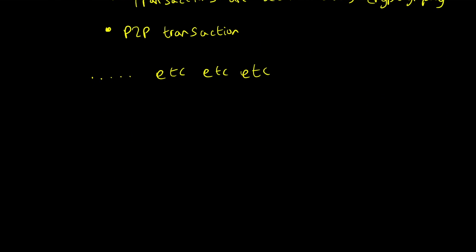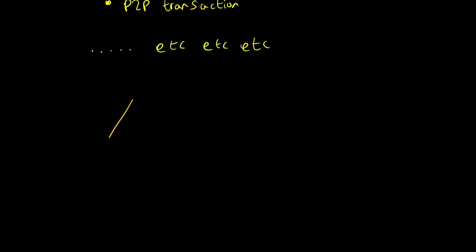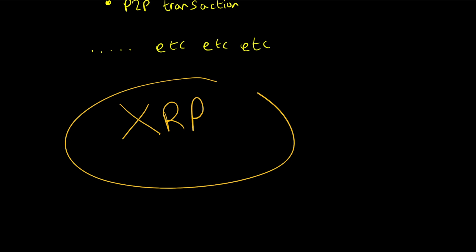Actually, if you're interested, I'm pretty sure you are, XRP is essentially the short term for the Ripple currency. Like Bitcoin is BTC, for example, Bitcoin Cash is BCH, Ethereum is ETH, Ripple is XRP.